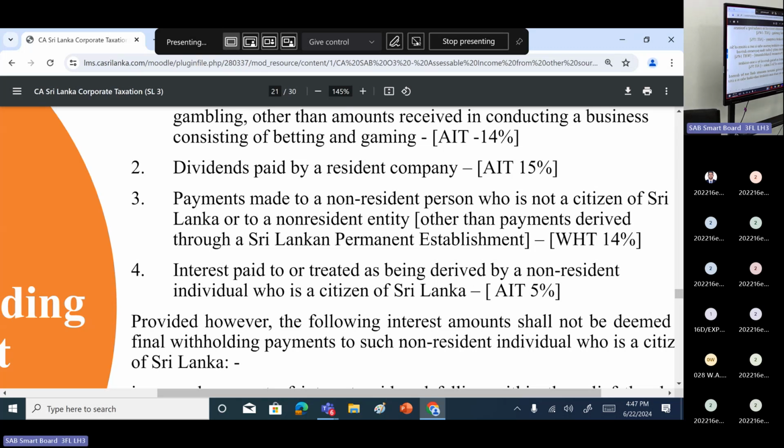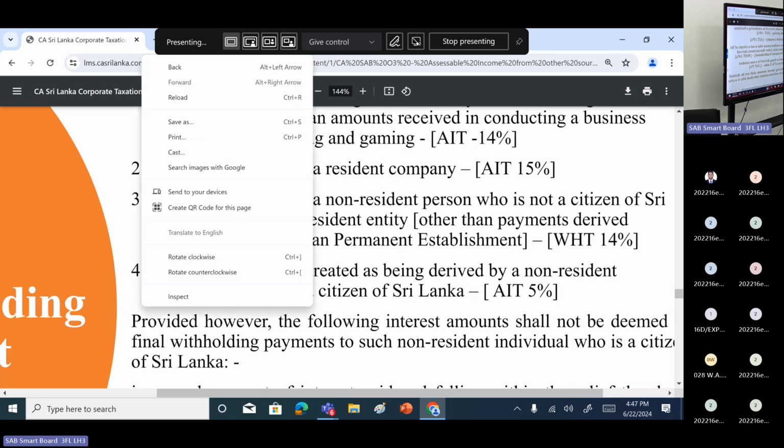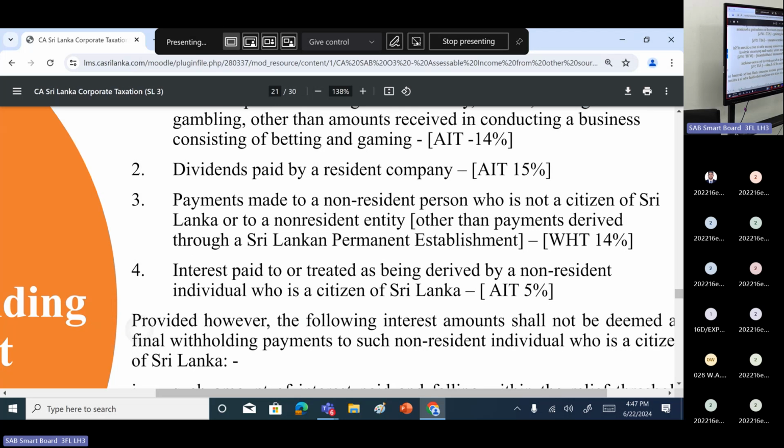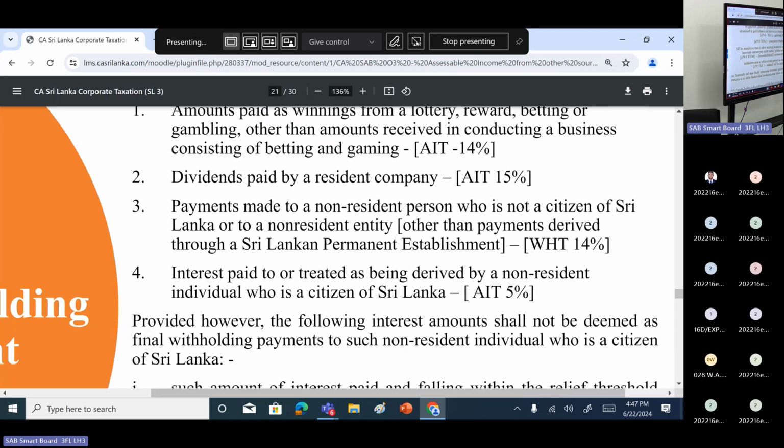But in the case of a resident citizen, interest is subject to withholding tax, but it is not final. This is the citizen non-resident person. This is fine. Provided, however, the following interest amount cannot be deemed a final withholding payment to such a non-resident individual who is a citizen of Sri Lanka.